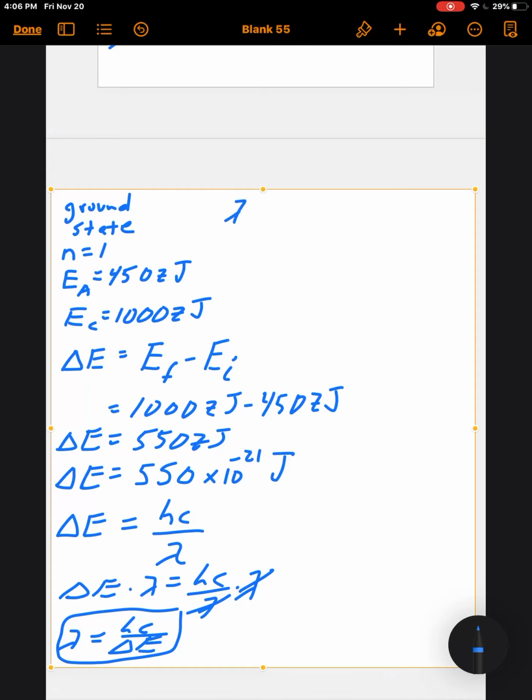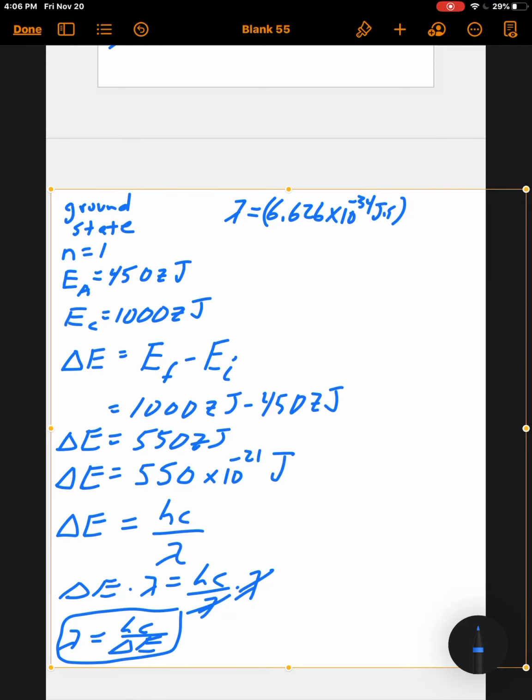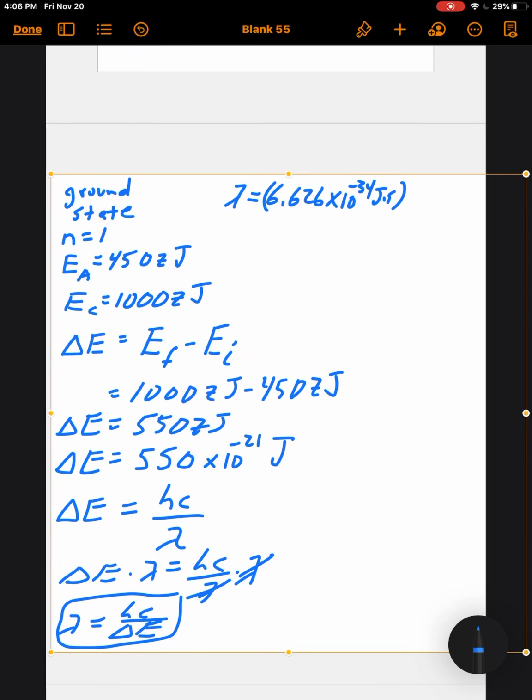So lambda is hc, so 6.626 times 10 to the minus 34 joule seconds. We're going to have to multiply this by c, so that would be 2.997 times 10 to the 8th meters per second. And then we're going to divide that by our delta E, which is 550 times 10 to the minus 21 joules.